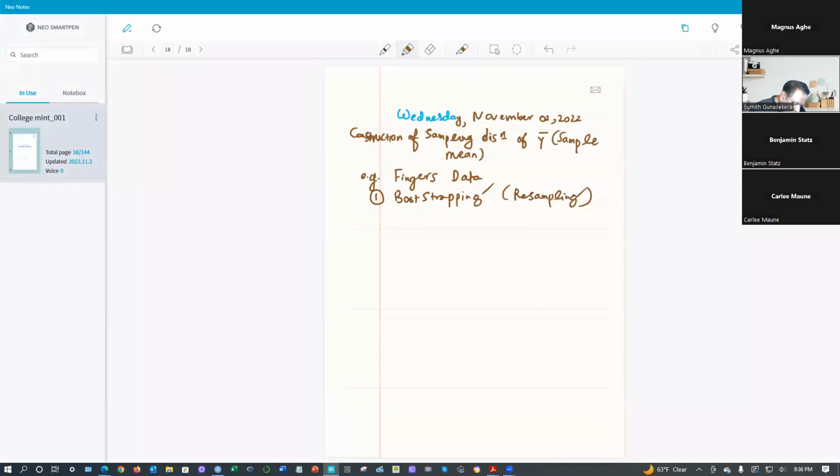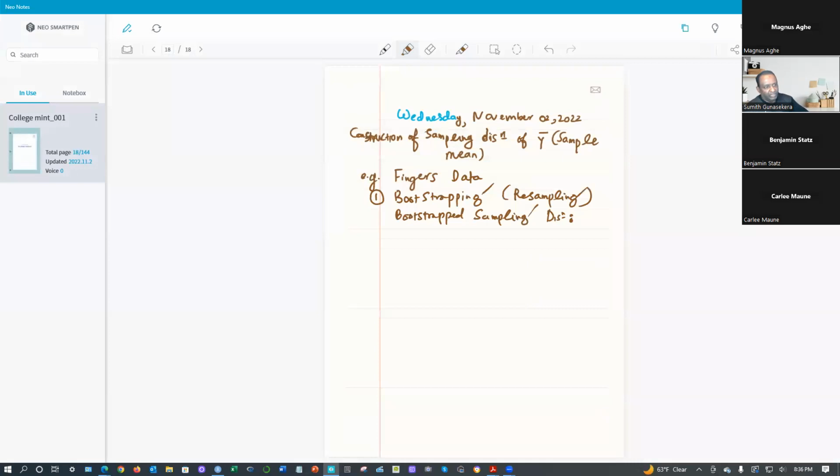So we're gonna look at the bootstrap sampling distribution. That's the one that we are looking into. How do you get this one?